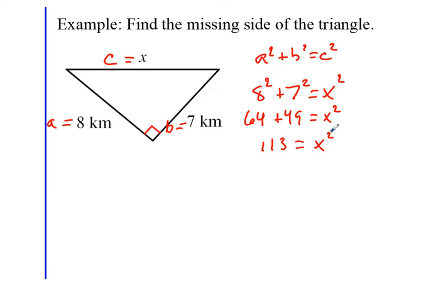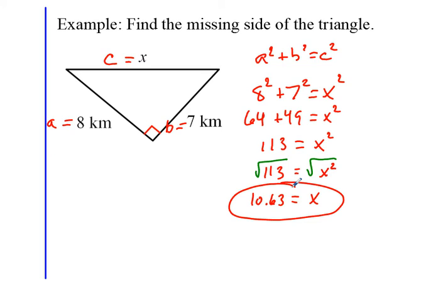But you need to do the opposite of squaring. The opposite of squaring is square rooting. So I need to square root both sides of this problem. I need to square root the x squared, and I need to square root the 113. So my x is going to be equal to the square root of 113. This comes out to approximately 10.63. That is how you figure out the missing hypotenuse.